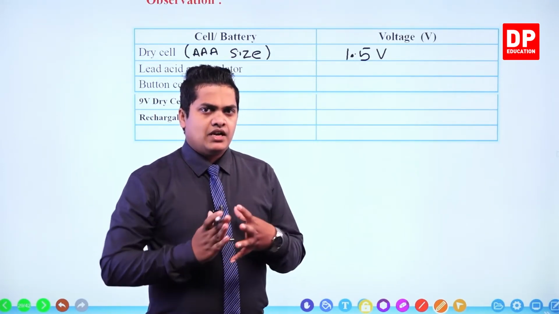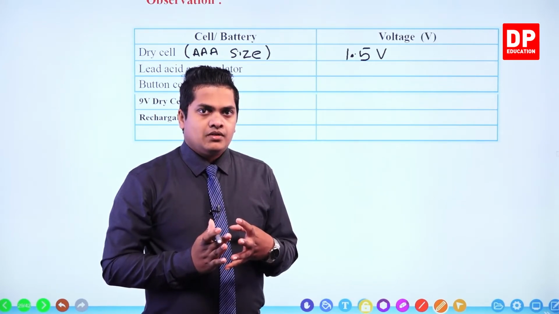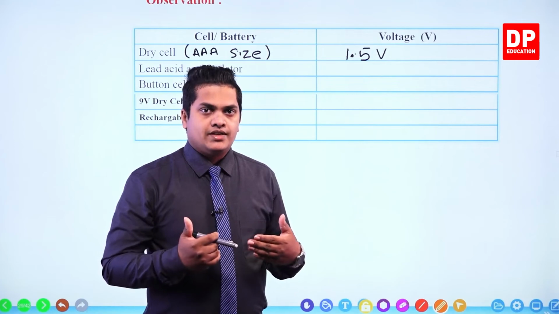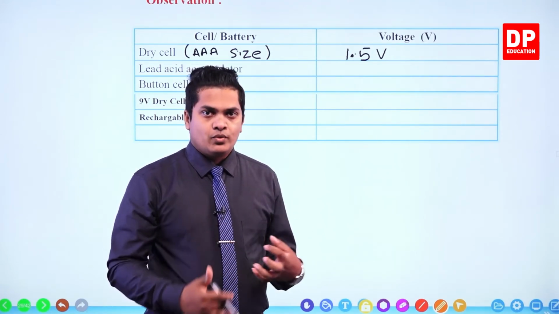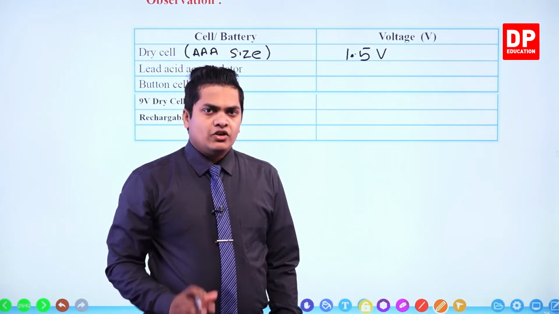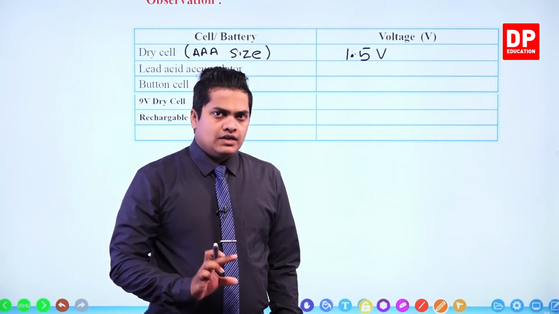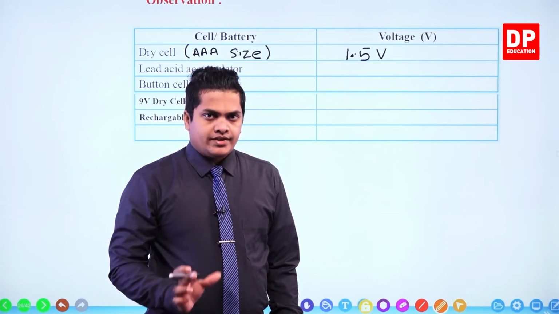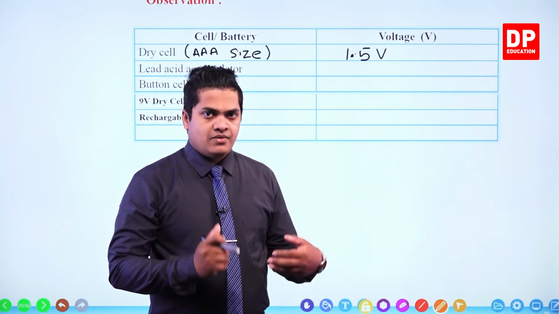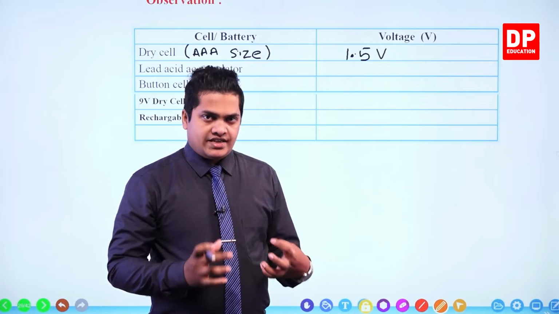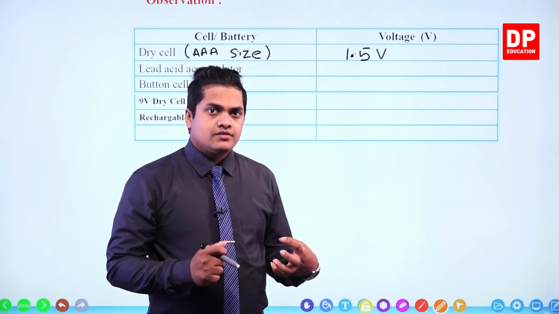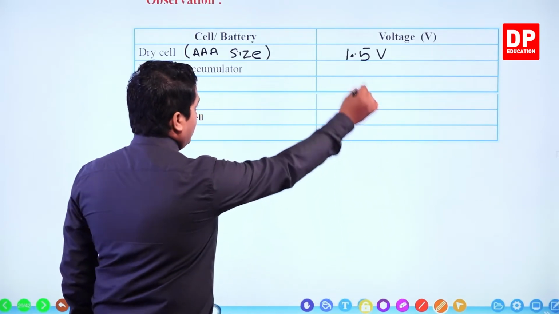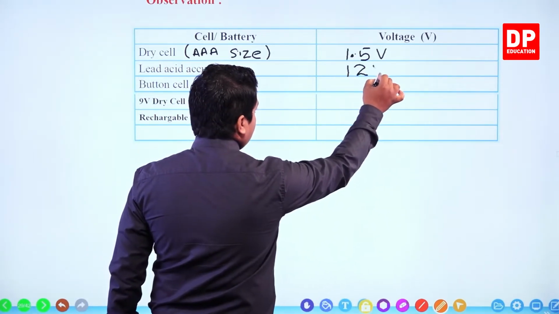It is somewhat larger than 12 volts, but usually it's printed as 12 volts, right? We also got a somewhat greater reading than 12 volts, but you know that here we are mentioning the accurate or the nearest one. So I'll mention 12 volts here. So in a lead acid accumulator, 12 volts.